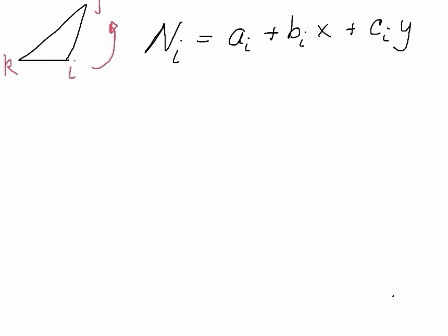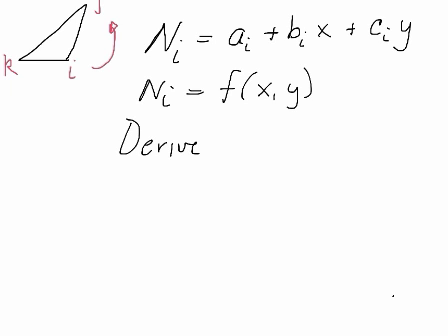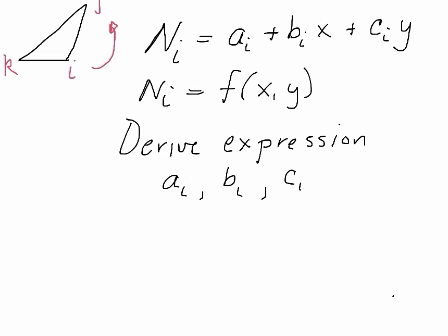And this satisfies the requirement that n sub i is a function of x and y, and it's a linear polynomial. It's the simplest that we can find. Now we need to derive expressions for our coefficients, where the coefficients here are a sub i, b sub i, c sub i.